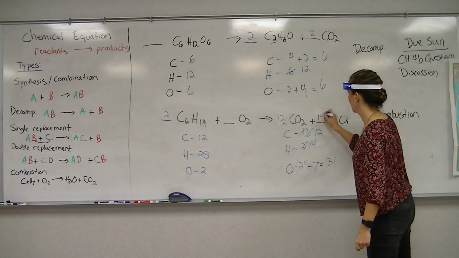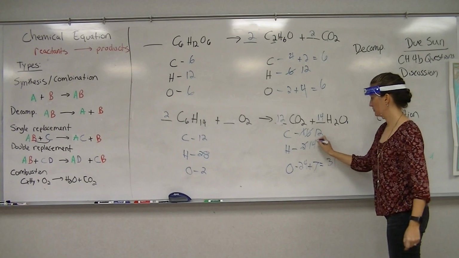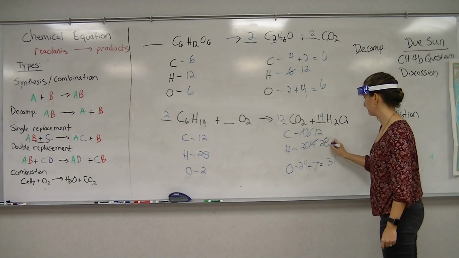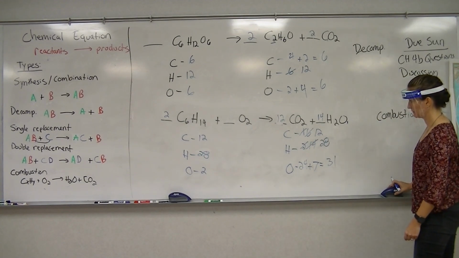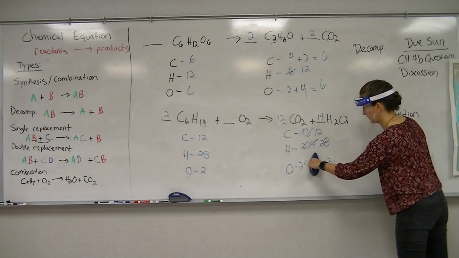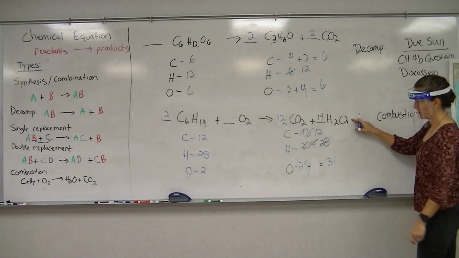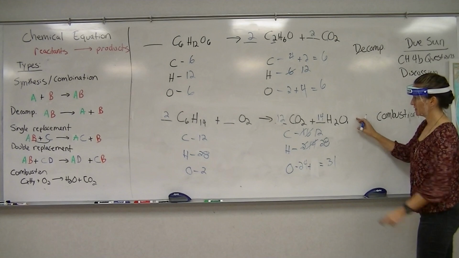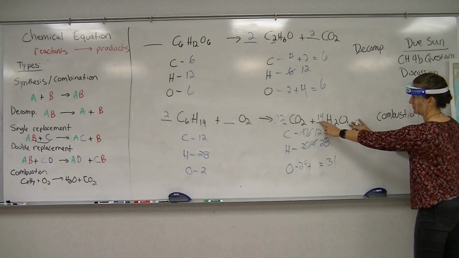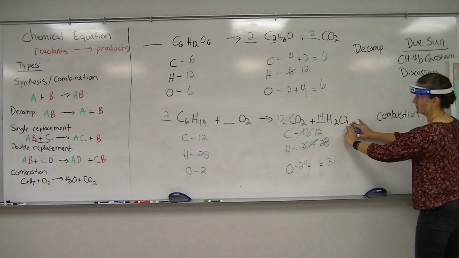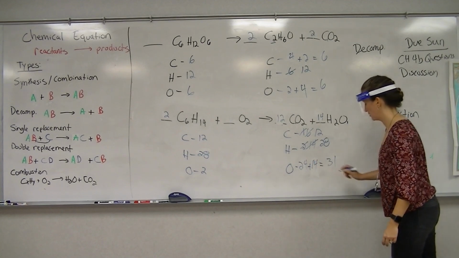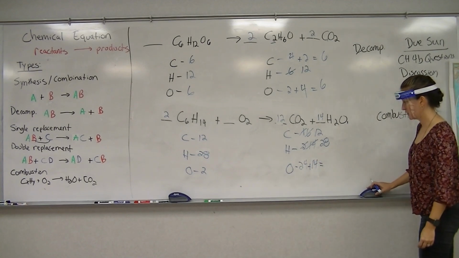Yeah, 14 times 2 would be 28. But I also changed my oxygens, correct? How many oxygens are here in this water right now? 14. 14 times 1 tells me there's 14. Now I have an even number, so now it might work.